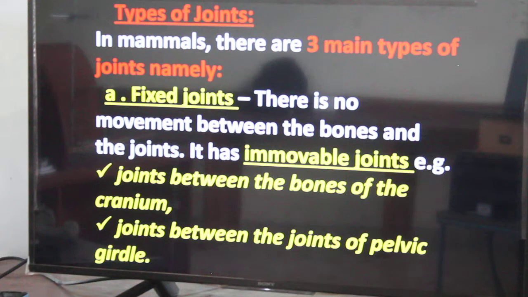They are joined, but those joints do not allow any movement at all. The pelvic girdle is also another area where you have fixed joints.